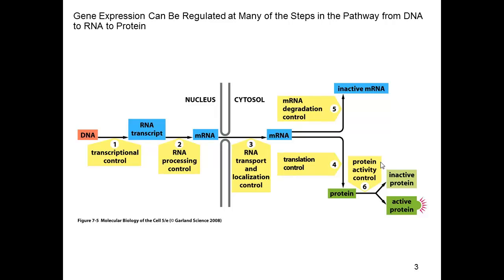So here we see a slide again, 6 levels where genes can be controlled and their functions modulated so that you can have, in the end, an active protein doing a job that you want it to do. We'll talk mostly today about this very first step, transcriptional control. Because of its primacy, it's one of the best studied of these features.